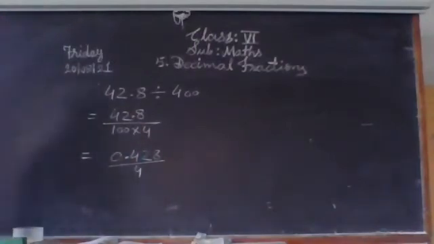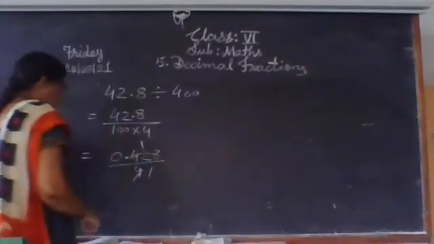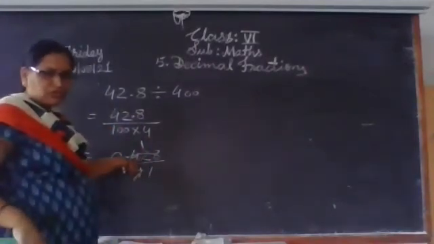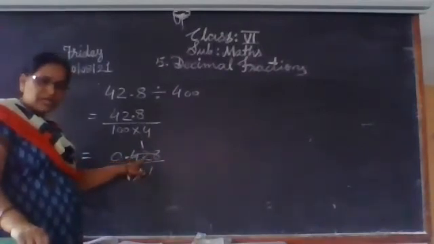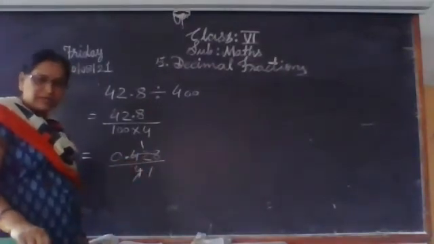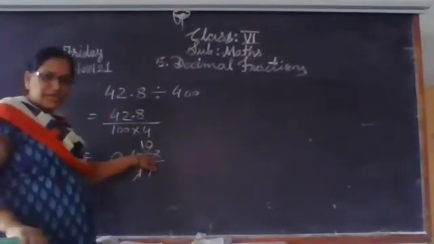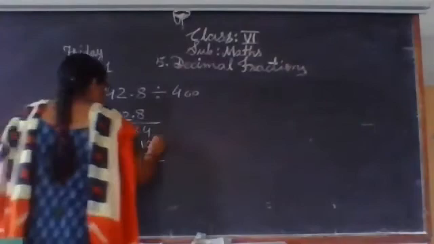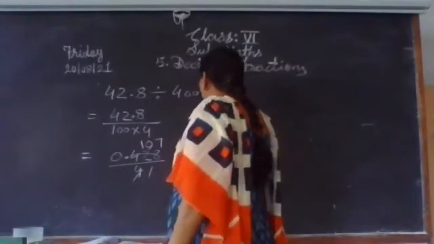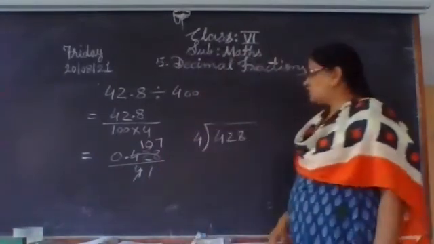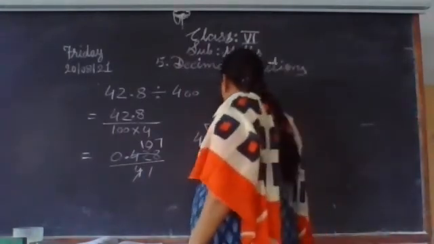Now, 4 ones are 4. The next number is 2. So 2 is not a multiple of 4. That's why you have to take 8. But you can't take 2 numbers at once, so put 0. So it becomes 28. 4 sevens are 28. Or you can divide 428 by 4 and see what the answer is. 4 ones are 4, 0.